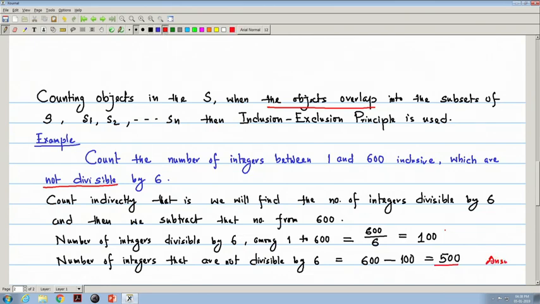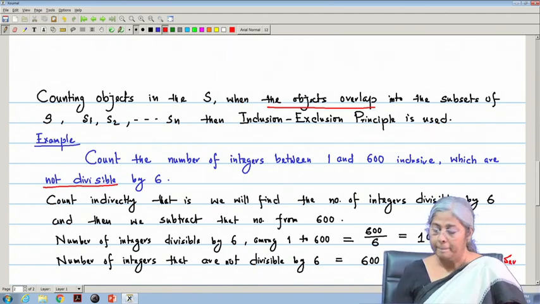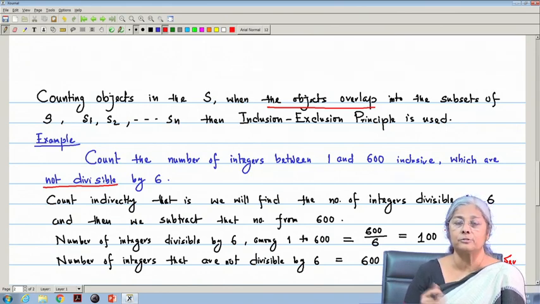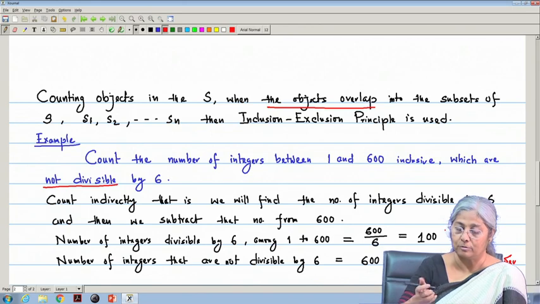So, this is an indirect way of getting the solution, and the inclusion-exclusion principle tells exactly this thing. This is a technique of indirectly finding a solution.